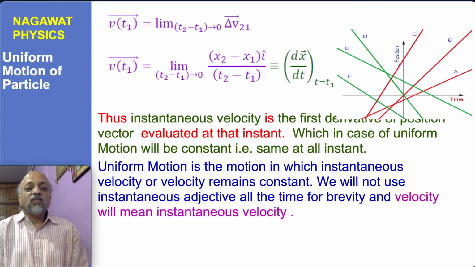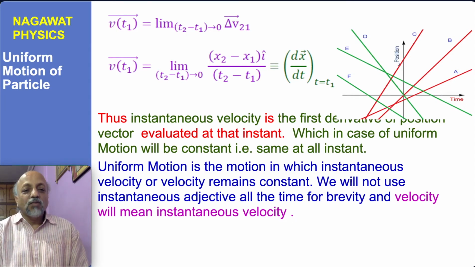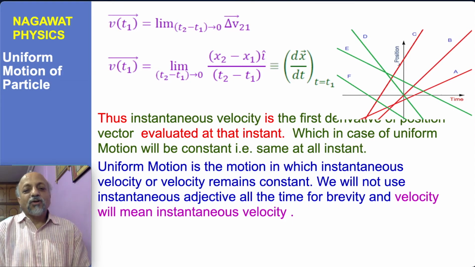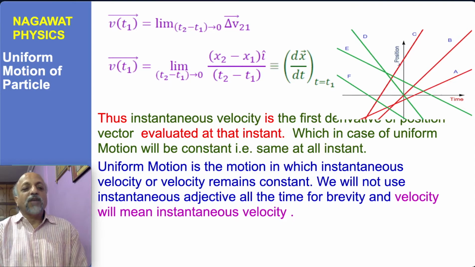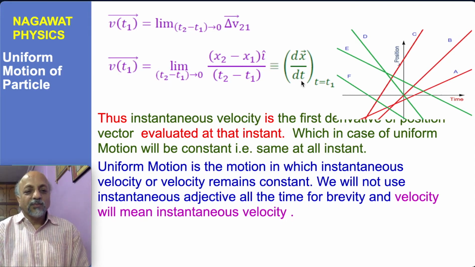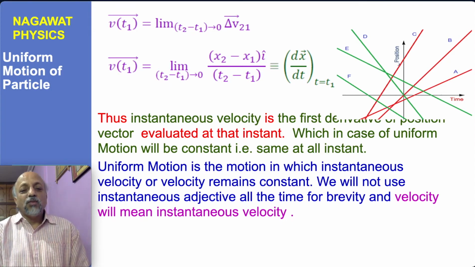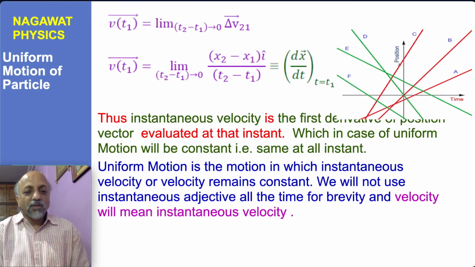But velocity vector or velocity will mean instantaneous velocity. In the literature also, some books use velocity vector and some books use velocity. So even if we don't mention vector, we know that instantaneous velocity and average velocity are vector quantities, and they have the dimensions of meter, that is L, and T minus 1. Both have the same dimension, because the limiting operation does not change the dimension.